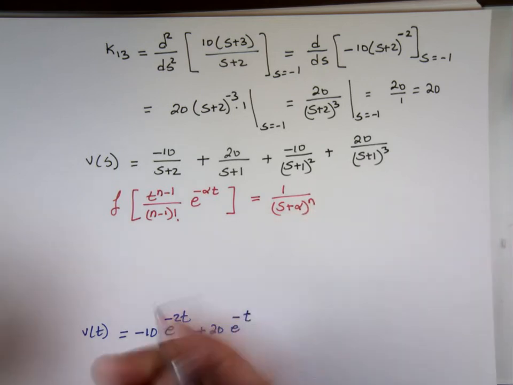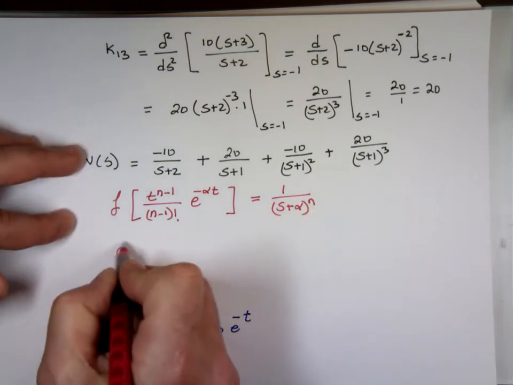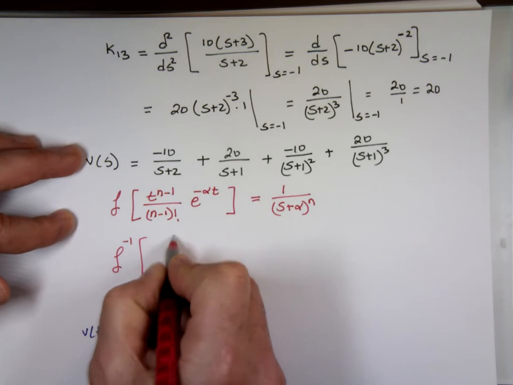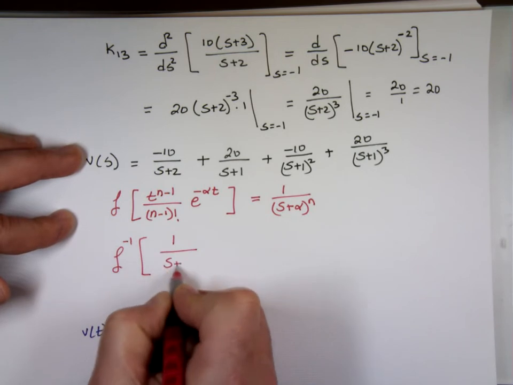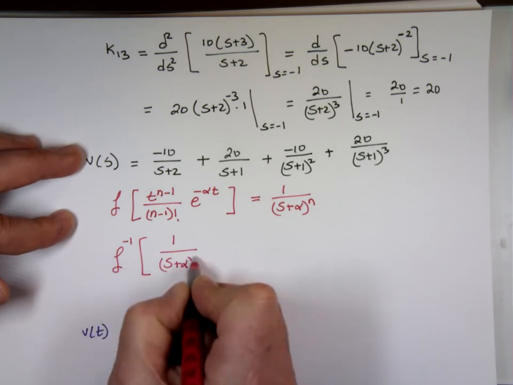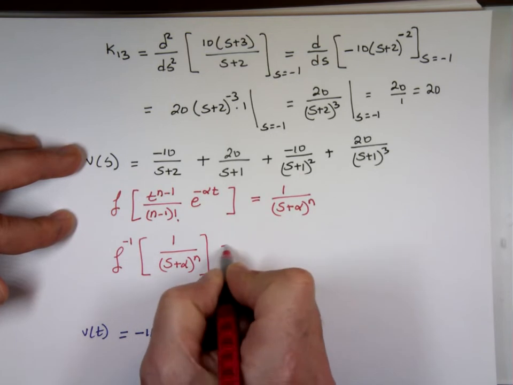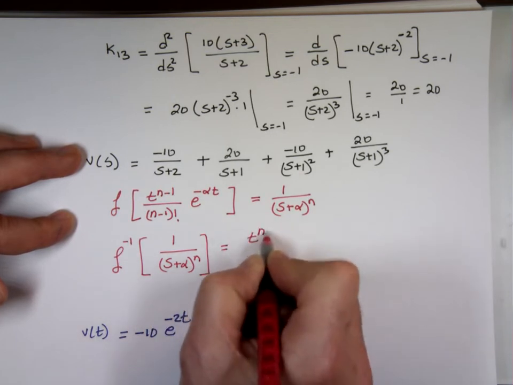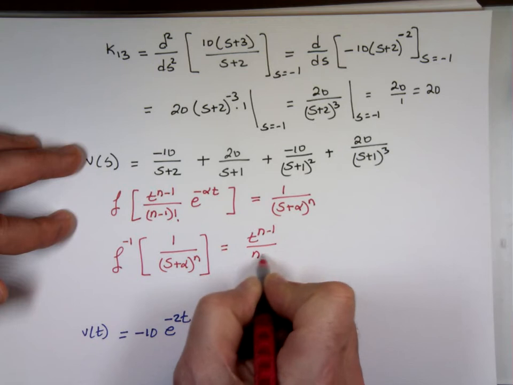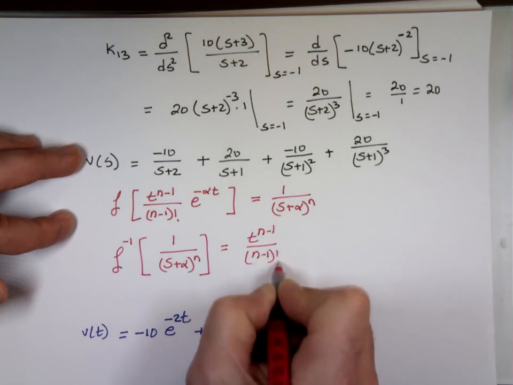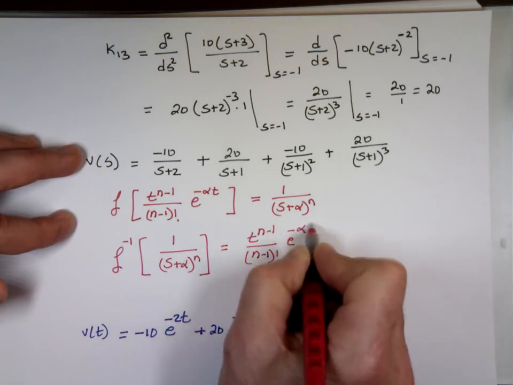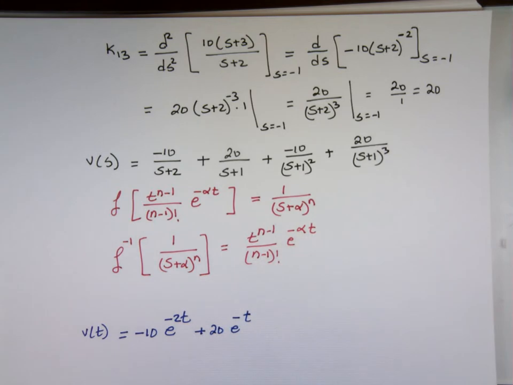Or if you want to rewrite it differently, the inverse Laplace of 1 over s plus alpha to the n, and that's what we have, should be t to the n minus 1 over n minus 1 factorial e to the minus alpha t. And that's the equation I'm going to use.